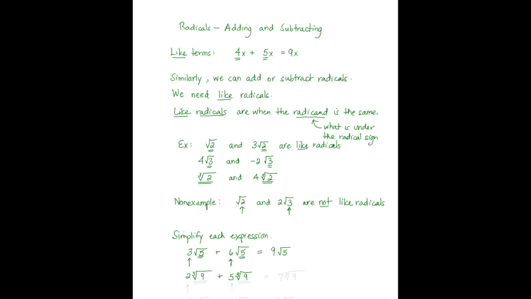Again, we have the entire radical part is the same. So we're going to add the coefficients together outside of the radical. So 2 plus 5 is 7, and then we're going to keep the cubed root of 9 the same.